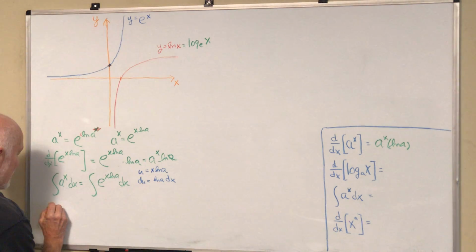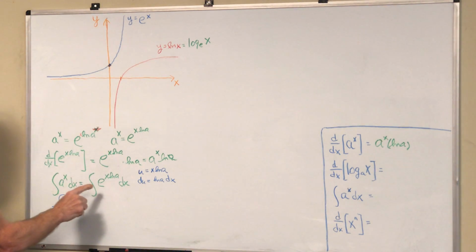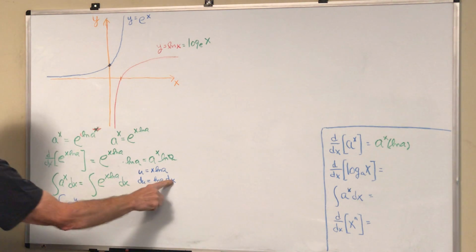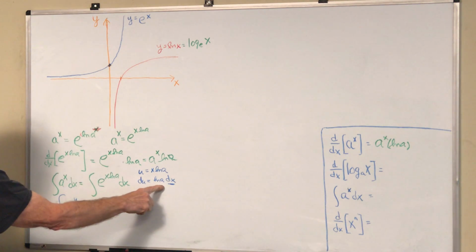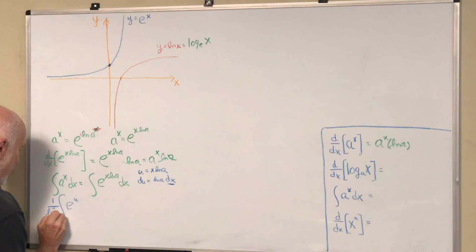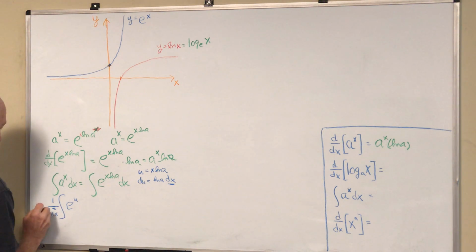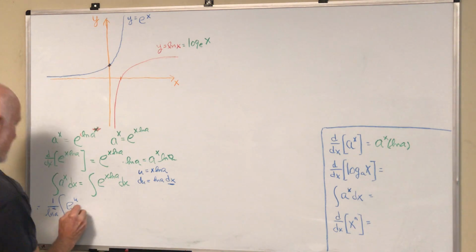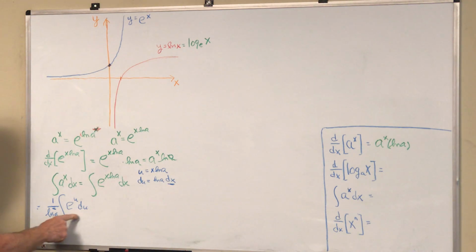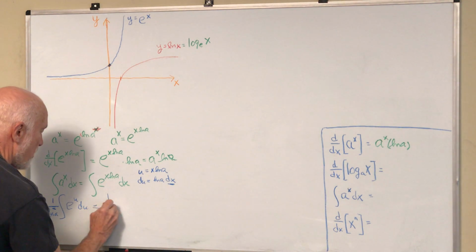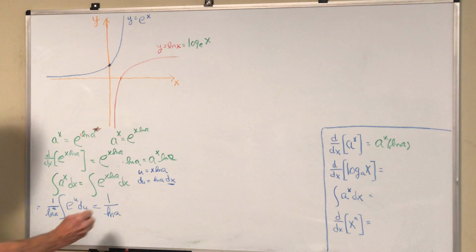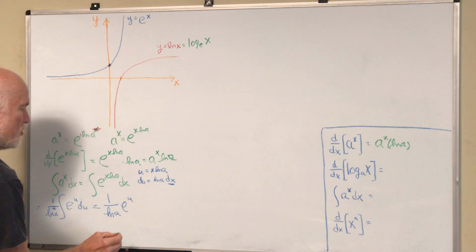So if I rewrite this, I get e to the u. And what is dx? If you solve for it, dx equals 1 over the natural log of a times du. So I get this 1 over the natural log of a, and the antiderivative of e to the u is e to the u.